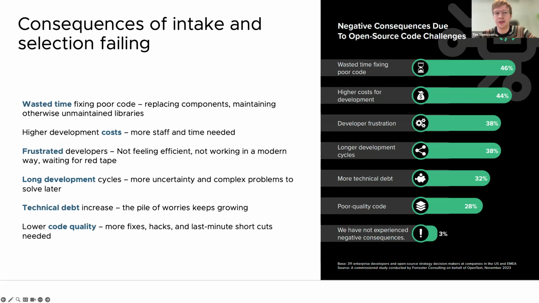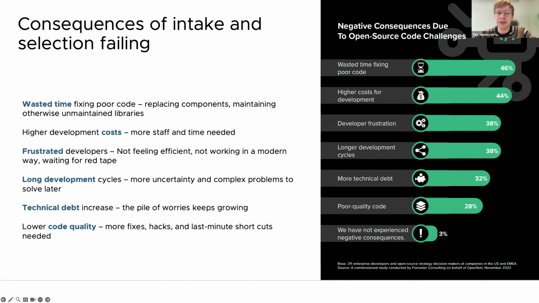Replacing components takes time, needs more staff, and increases costs. Developer frustration. This can introduce a lot of frustration for developers, not feeling efficient, feeling like there's red tape in the way of them actually doing their job, and feeling like they work in archaic manners and not modern.